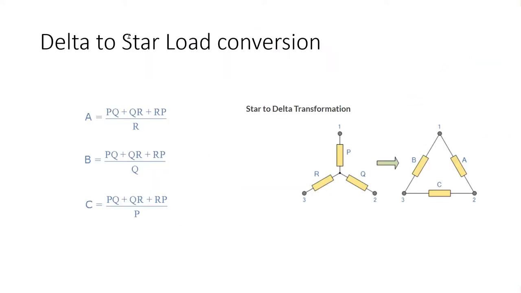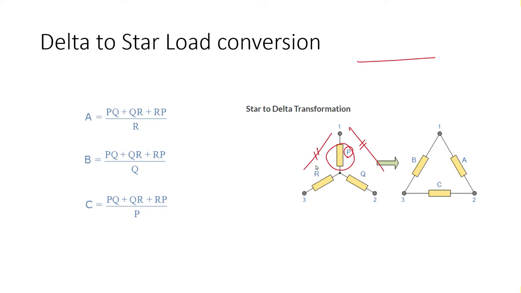The second one, from star to delta connection, is easy, because now we want to go from a single line to two lines. A single line is written in the denominator. If we want to write about this P, this P is getting two sides here.